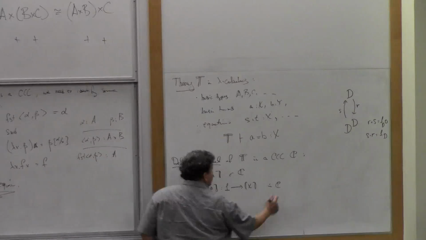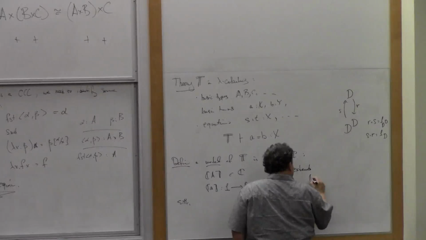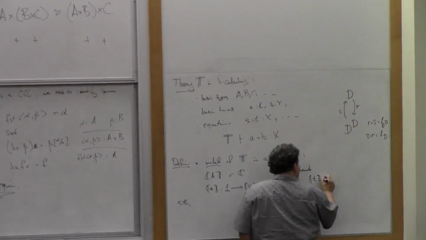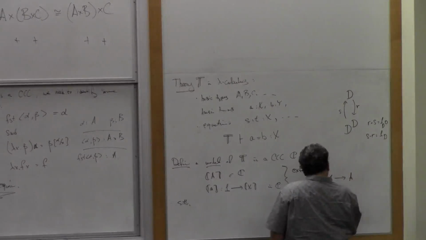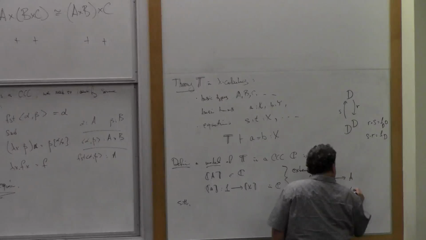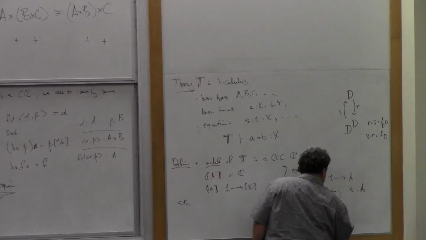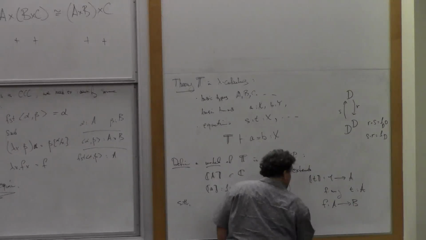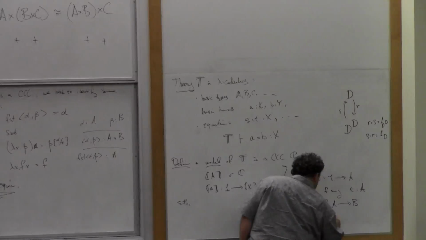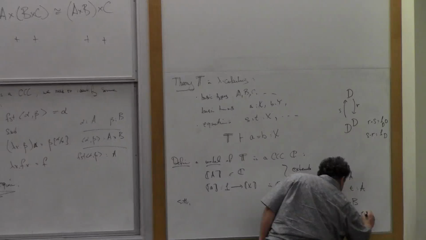So now extend, given this basic data, extend the interpretation for any term T of type A, and in particular for any term F of type A arrows B, then I get an interpretation of F as an arrow in my Cartesian closed category.